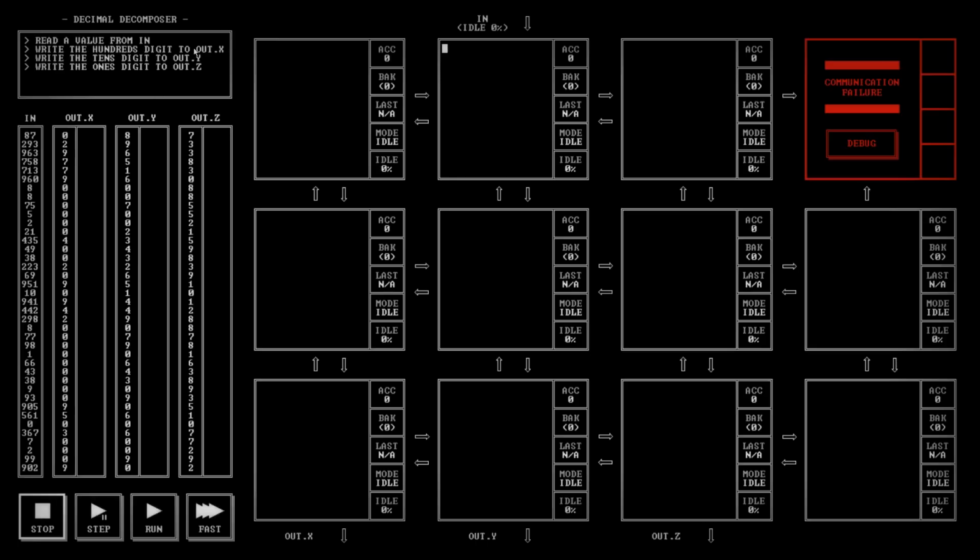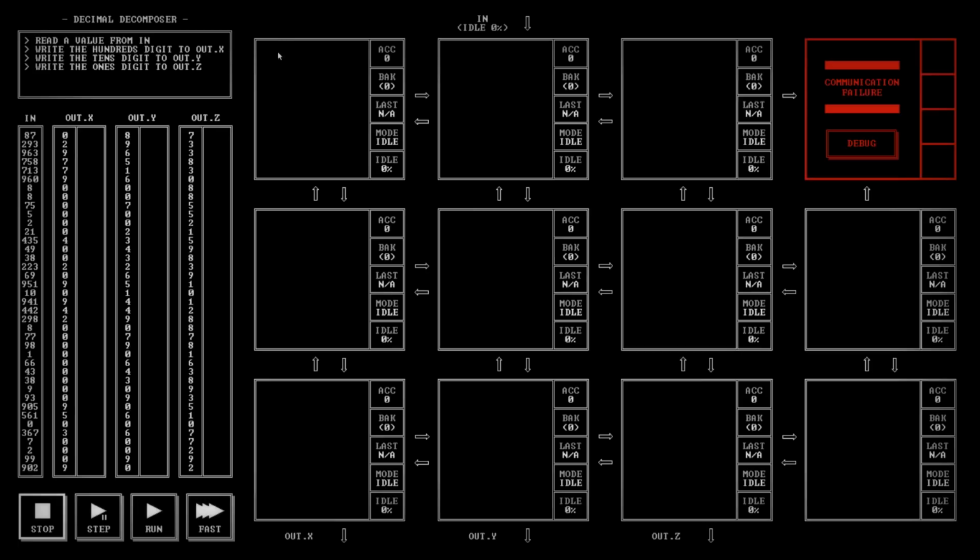All right, so X is the hundreds, Y is the tens, Z is the others. I could do these in series, but that sounds like a bad idea. It sounds like an inefficient idea.